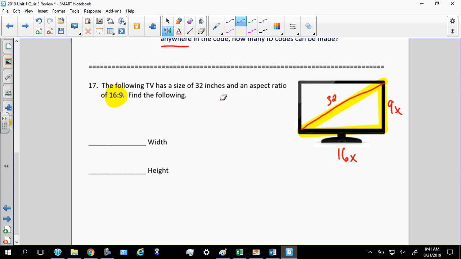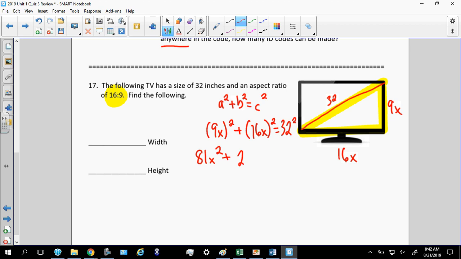Remember the Pythagorean theorem, a squared plus b squared is equal to c squared. So that will be (9x) squared plus (16x) squared is equal to 32 squared. You're going to square 9 and the x, which gives you 81x squared, plus 16 squared is 256x squared, and then 1024.